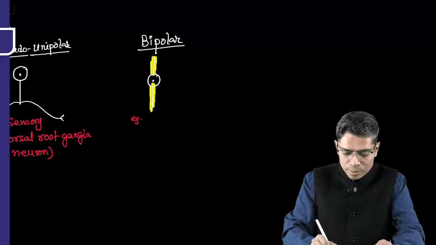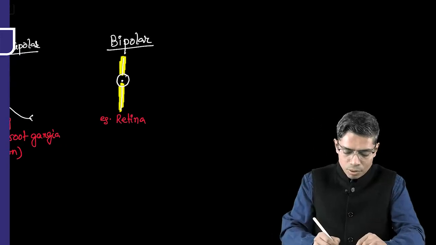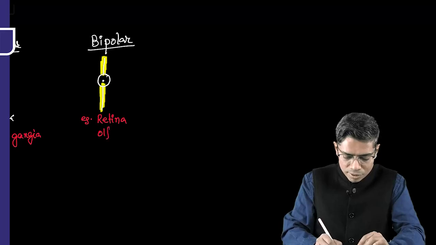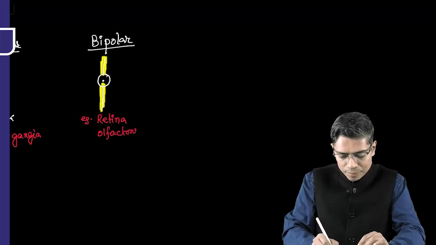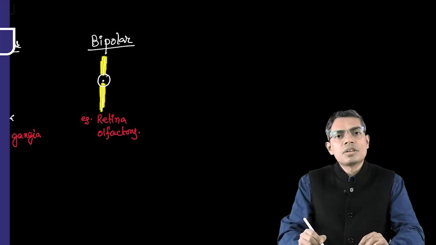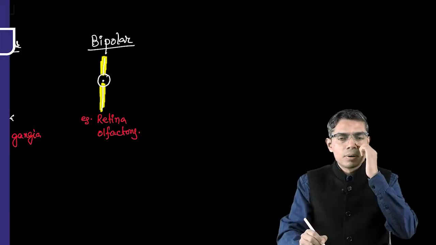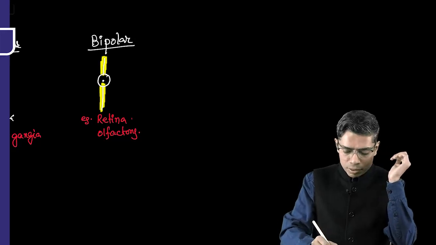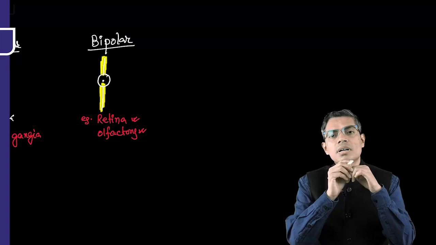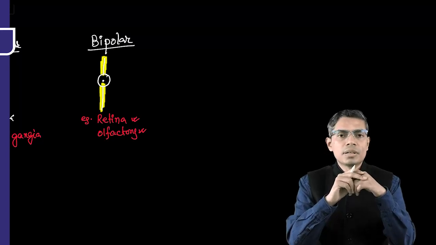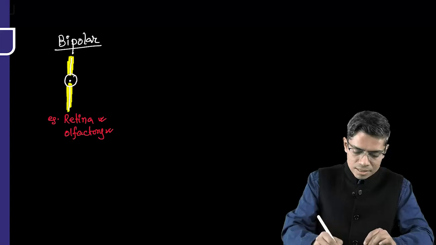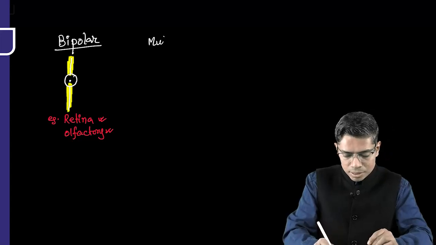We all know bipolar neurons are located at the level of retina. It is also located at the level of olfactory epithelium. The olfactory sensory neurons, which are located at the roof of our nose, are also examples of bipolar neuron.